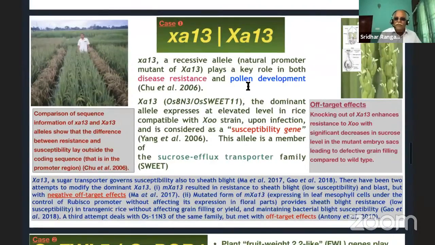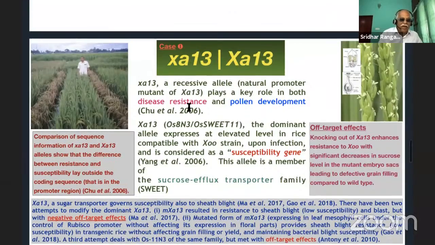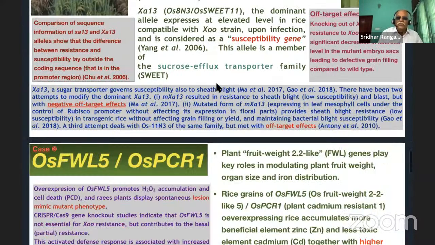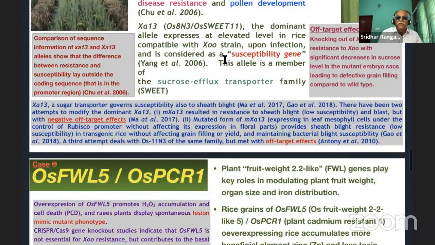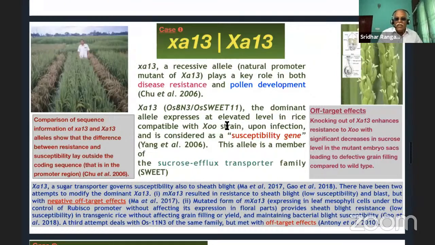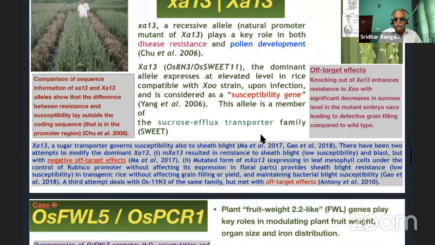Let us see, when XA13 is modified in laboratory conditions, it has some off-target effects. Actually, Dr. Ma and Gao et al., the Chinese scientists, modified the dominant XA13.